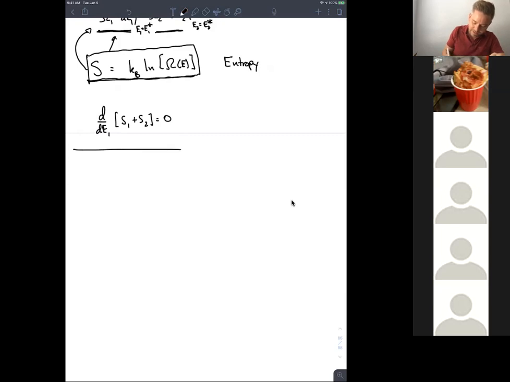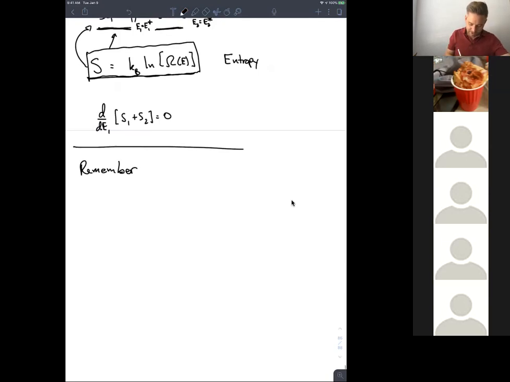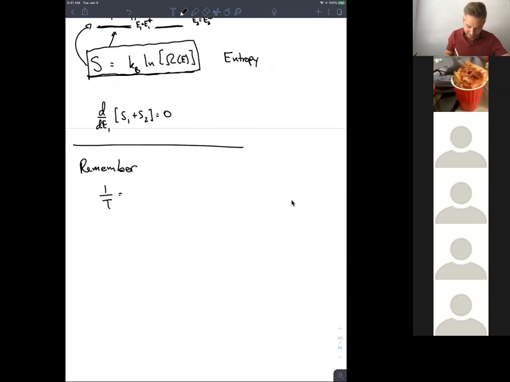All right, so I asked you guys to remember these statements that hopefully you learned back in thermodynamics, specifically that 1 over the temperature in thermodynamics was defined to be the partial derivative of S with respect to E at constant volume and number of particles, that the pressure is equal to the negative derivative of E with respect to V.